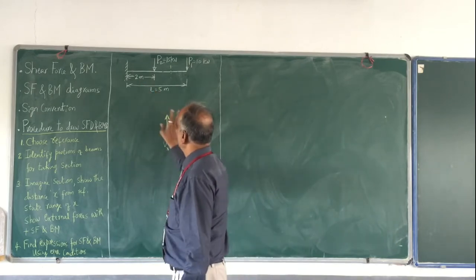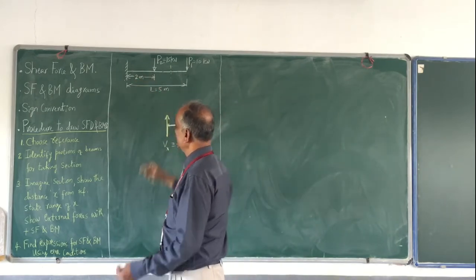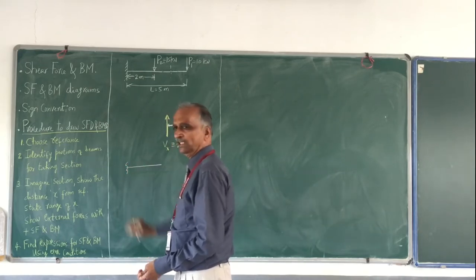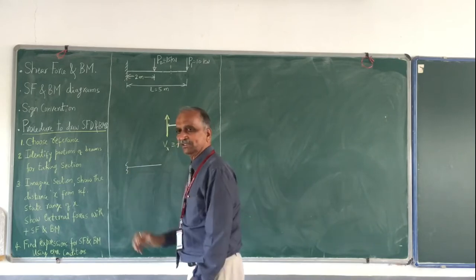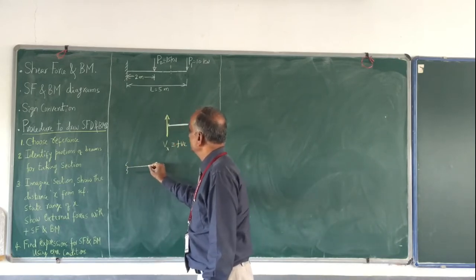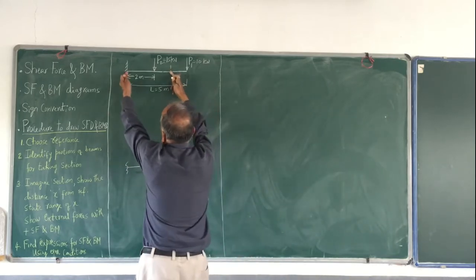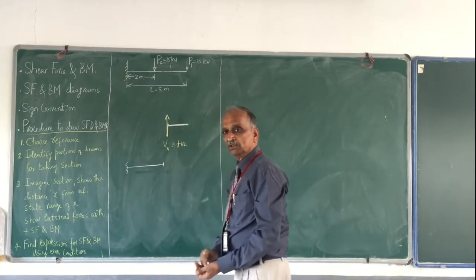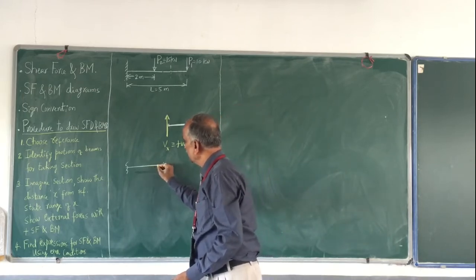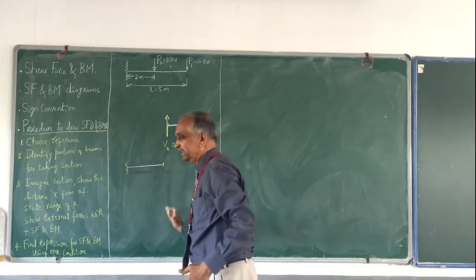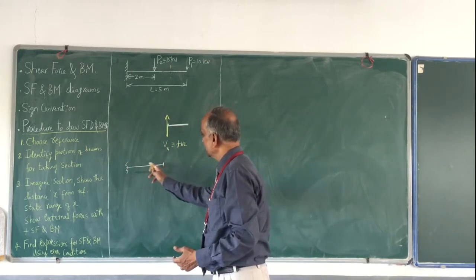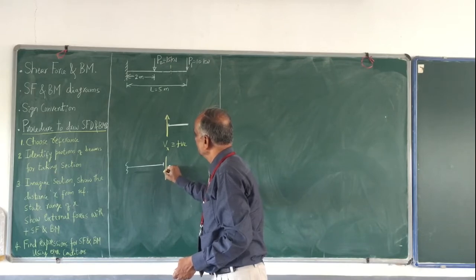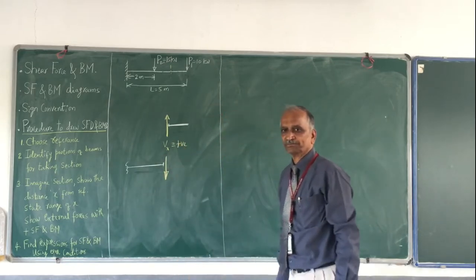And if I want to take the left hand side portion, you have something like this. I shall not take the complete length, and I have cut it here. This is the portion of the beam I am talking about, and this is where you have a section. If you take the portion of the beam towards the left side of your section, in that case this shear force we call positive shear force.